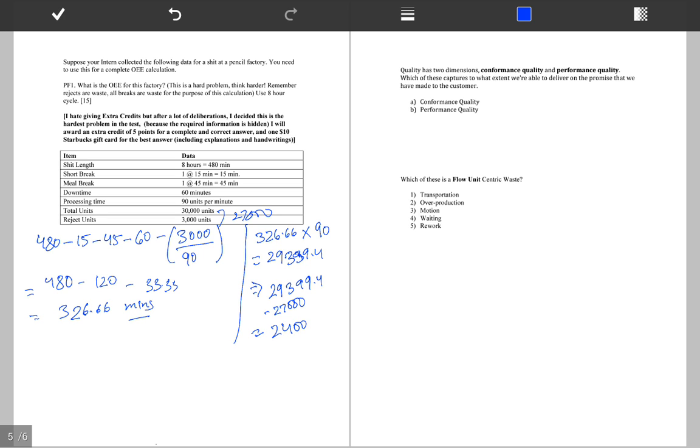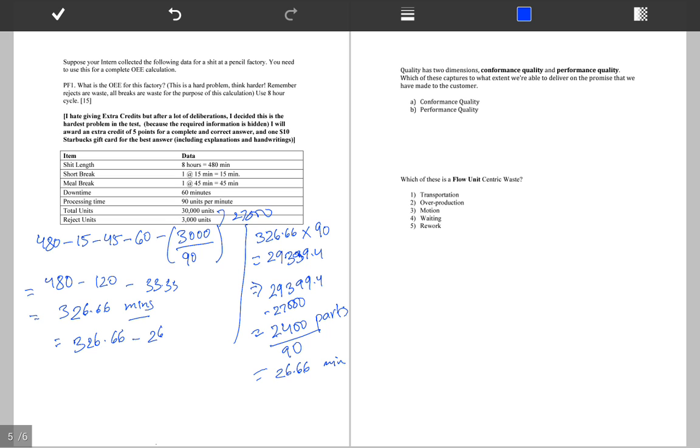They slacked by 2,400 parts. How much is 2,400 parts worth in terms of minutes? 2,400 divided by 90 equals 26.66 minutes.